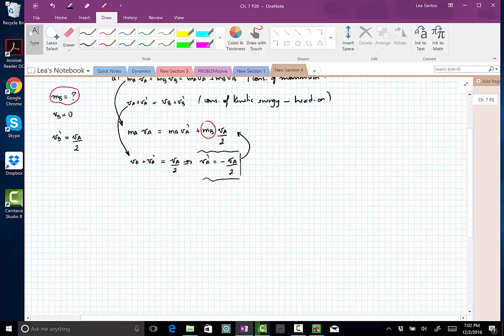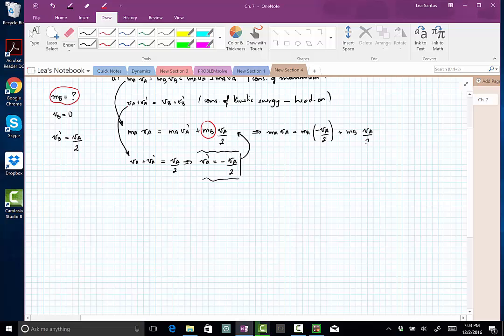So what do we get now? From the conservation of momentum equation we have MA VA equal to MA times VA prime, which I'm going to substitute with minus VA over 2, plus MB times VA over 2. So you see that VA appears in all the terms, so we can cancel it.